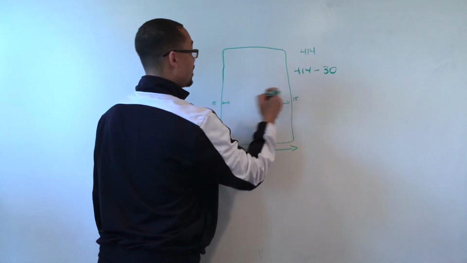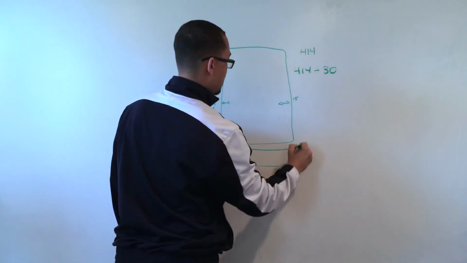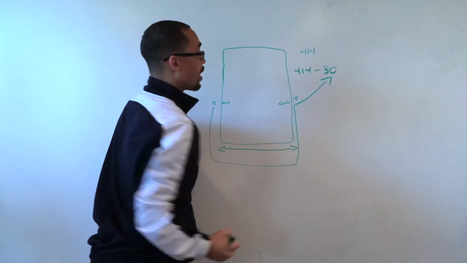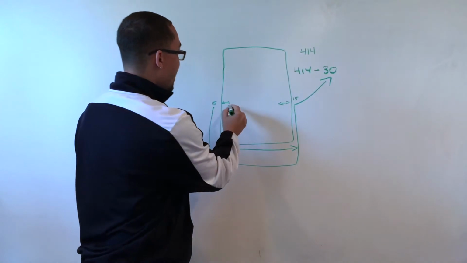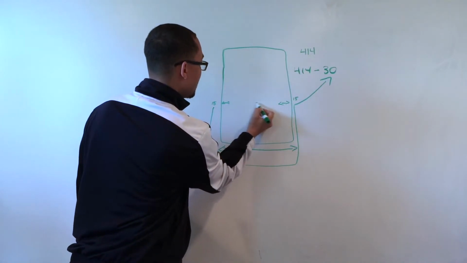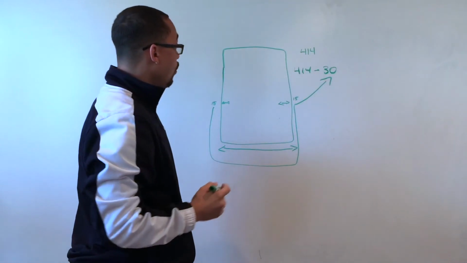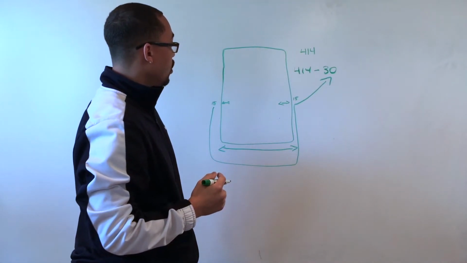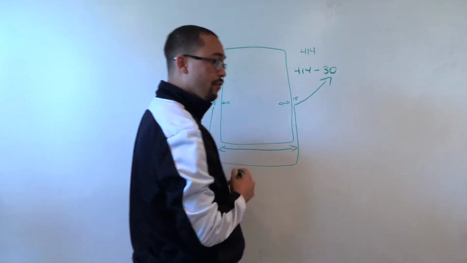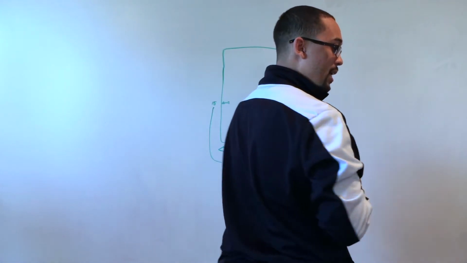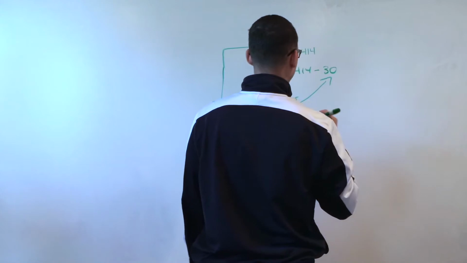We're going to take 414 and go 414 minus 30, which is 15 and 15, these two right here equal 30, right? We're doing that so that we can get in between this center, in this little area right here. 414 minus 30 is 384.